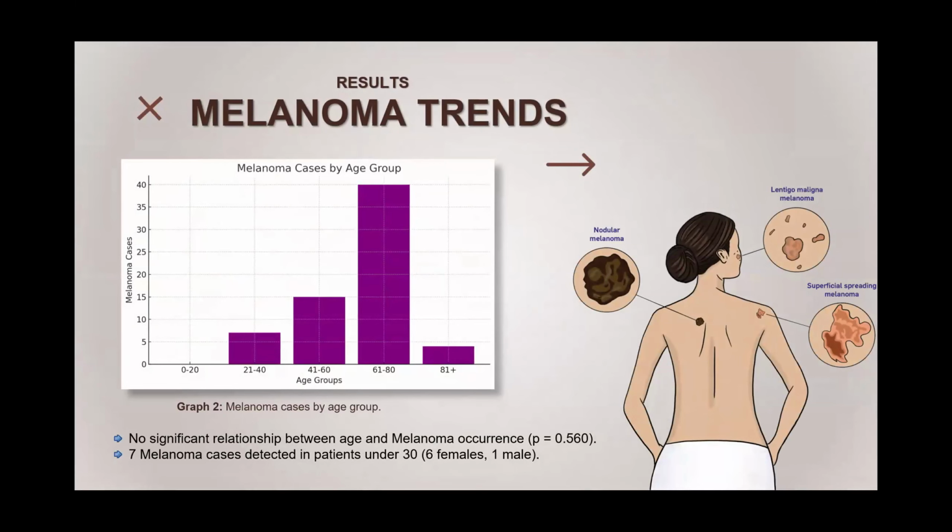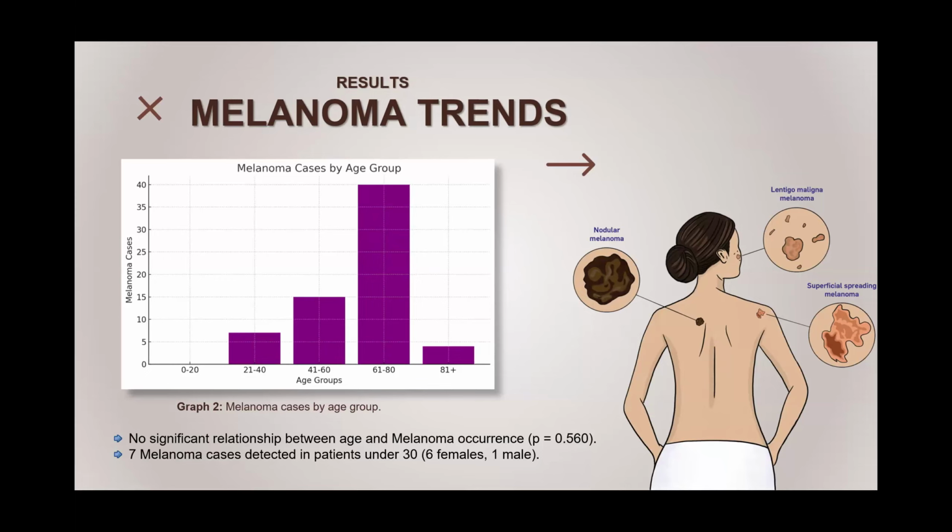What about melanoma? Melanoma is the deadly form of skin cancer. We know that melanoma, if it's not diagnosed in the early phases of the disease, is a very dangerous skin cancer. It can even cause death in advanced stages. We diagnosed 66 cases of melanoma, which were confirmed after pathological examination.